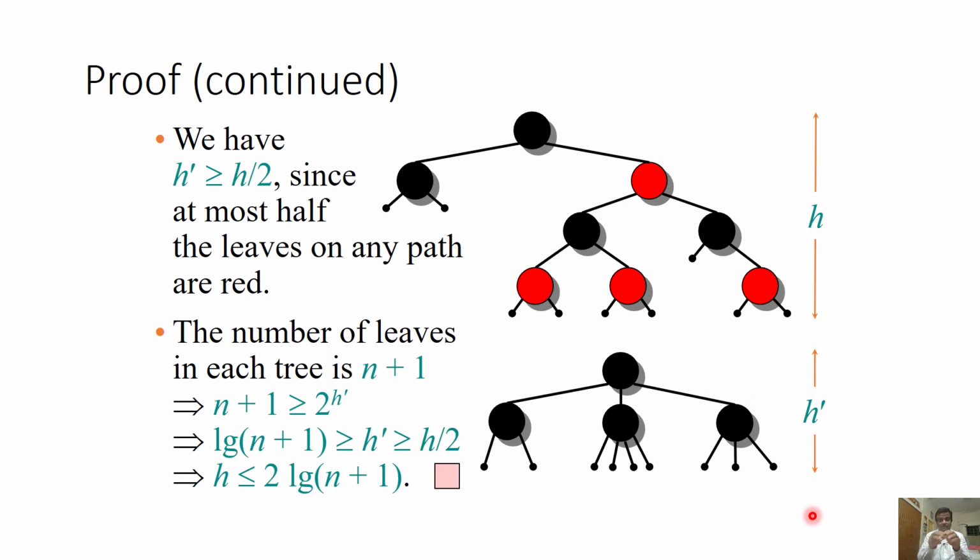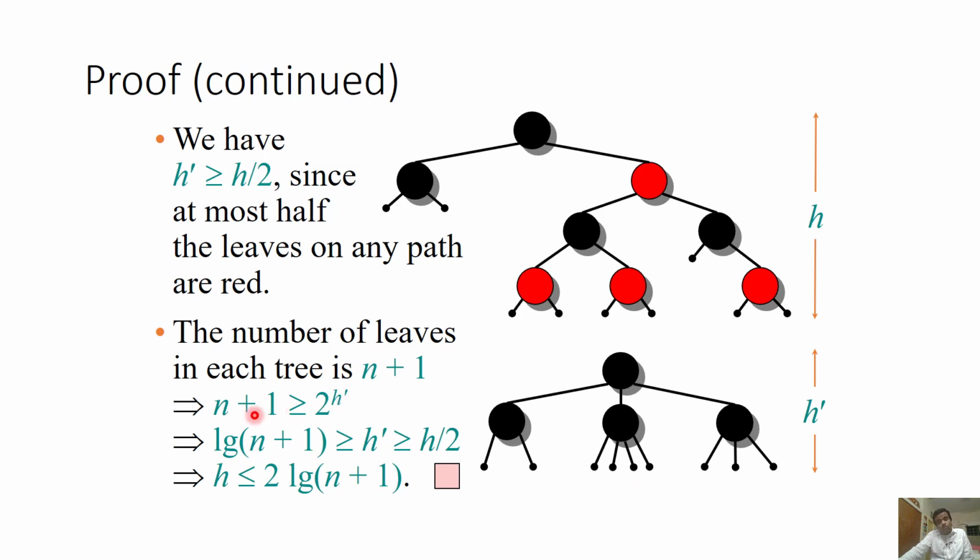That is the minimum we are growing. So, at the last level, at height h prime, we should have at least n plus 1 elements, so n plus 1, the number of leaves, must be greater than or equal to 2 to the power h prime.